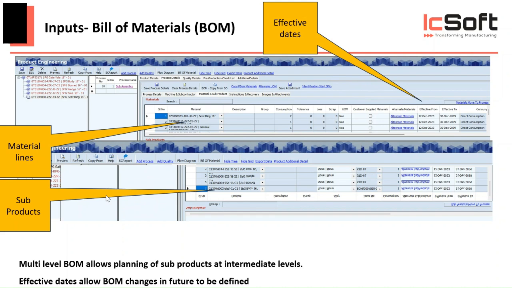Effective dates help us in implementing this. We can put these dates from which the new BOM will come into effect and MRP will start exploding it and generating the child part requirements according to the new BOM from the effective date onwards.